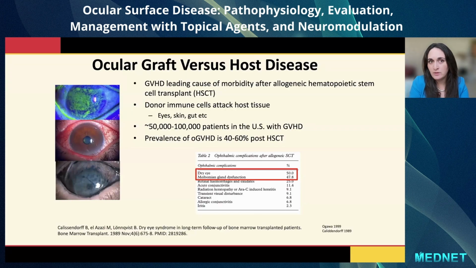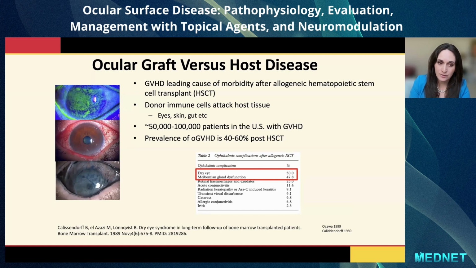And finally, I want to touch on ocular graft versus host disease. This affects patients who have undergone an allogeneic hematopoietic stem cell transplant for the treatment of blood-related cancers and or hematologic malignancies. This is where the new donor immune cells from the stem cell transplant attack the host tissue.